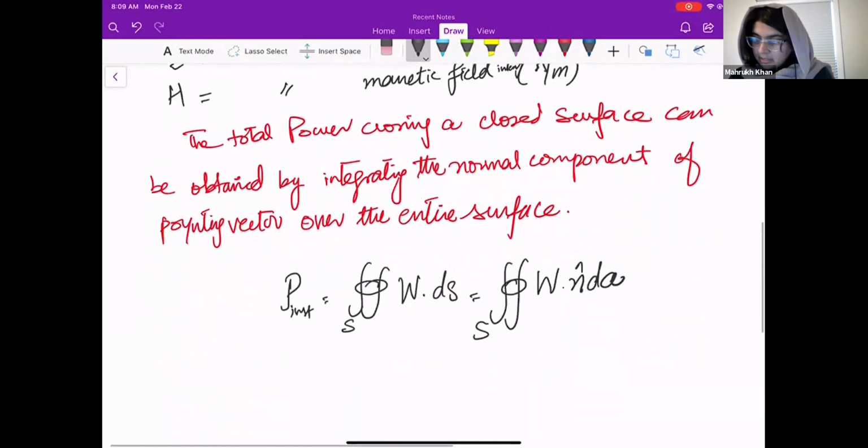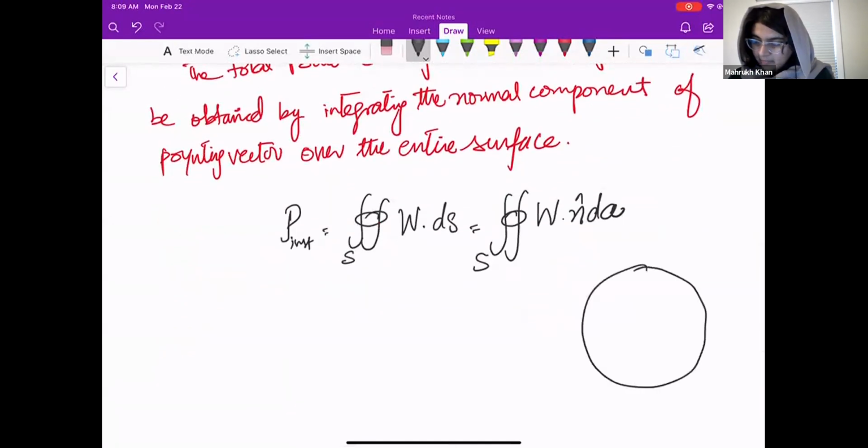If this is my sphere and this is a patch, I am trying to find the power radiated, so my power radiated will be associated with the normal component, right? That is coming out of the sphere. So I will be finding the total power like that. Is it good?